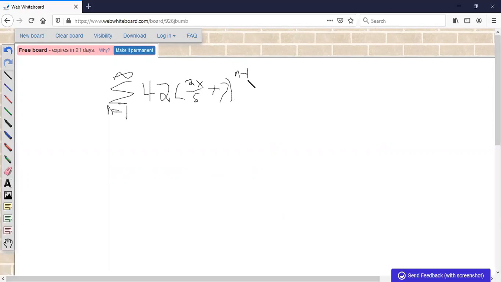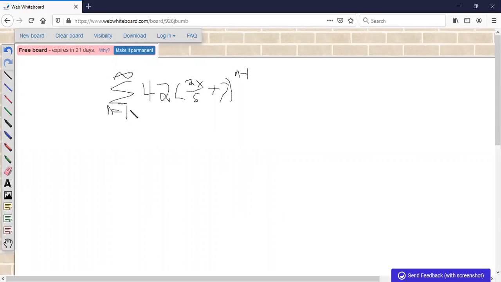So let's take a look at this. First off, we've got some constant times some function to the n minus 1. So this is taking the form of a geometric series. We can treat this like it's geometric because it is. Whatever x is, this is going to create a geometric series.